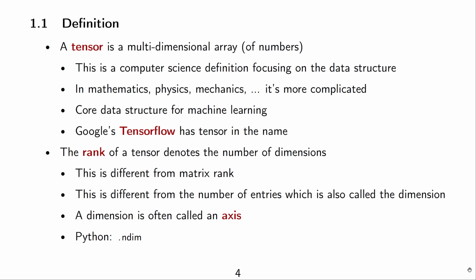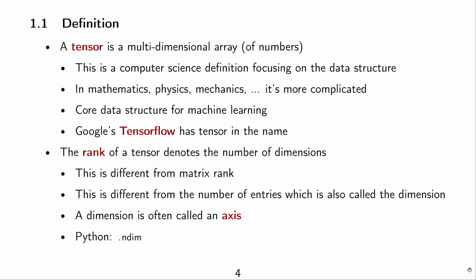We can define the rank of a tensor to denote the number of dimensions. For example, a vector would have rank 1 and a matrix would have rank 2. Now, this is different from the definition of matrix rank in linear algebra.